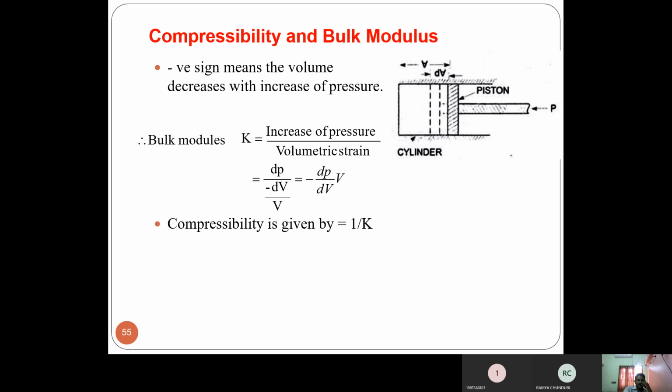So minus dV by V by dP will come. So we can write it as 1 by K. This is simple information regarding compressibility and bulk modulus. Let us go for the next slide.